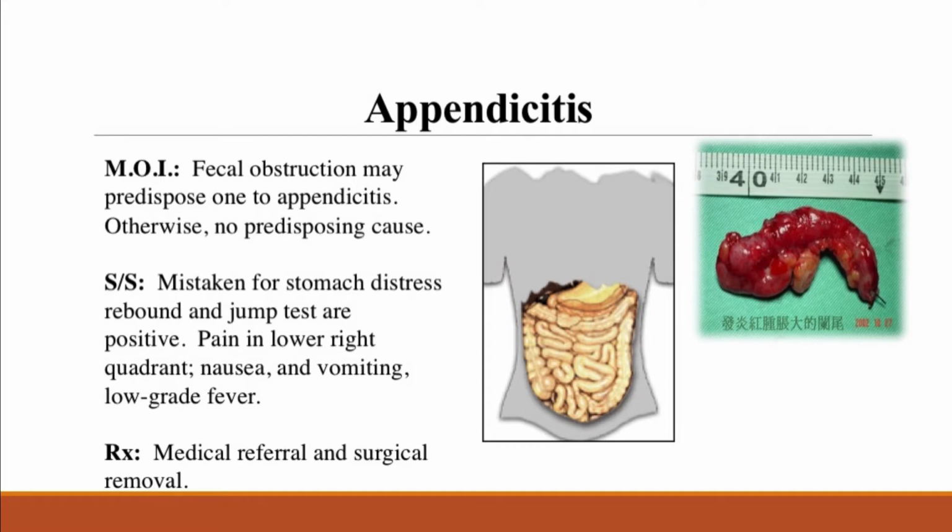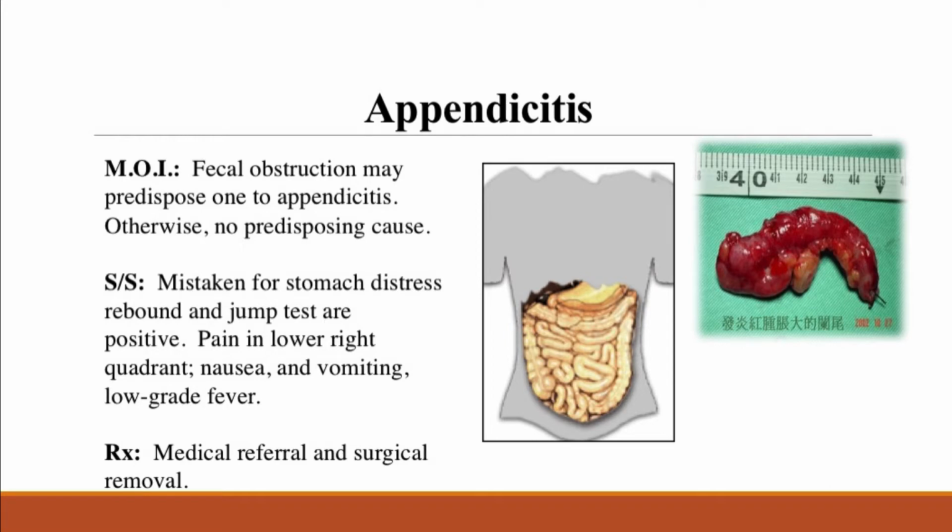Signs and symptoms include mild to moderate pain in the lower right quadrant. Again, locate McBurney's point, which is the halfway mark between the belly button and the superior spine of the ilium. Pressure over McBurney's, referred to as the rebound test, will cause pain in appendicitis. The individual may also have a low-grade fever, nausea, and vomiting.